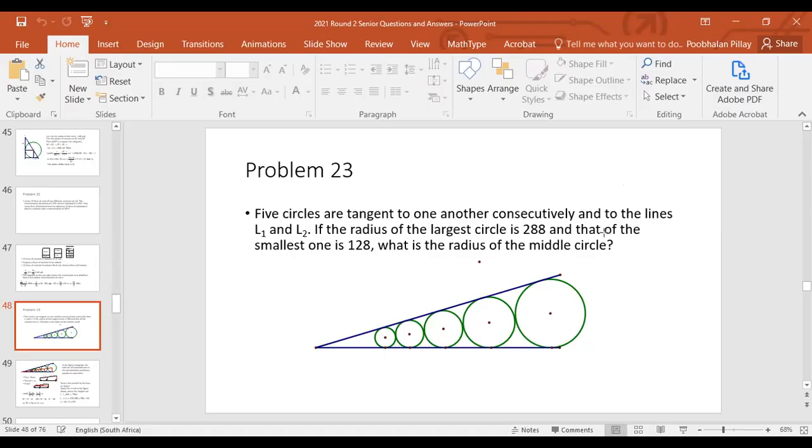Here you've got 5 circles which are all tangential to 2 lines. The 2 lines are slanted at an unknown angle to each other, but the circles are all tangent to each other. What is given is that the radius of the largest circle is 288.